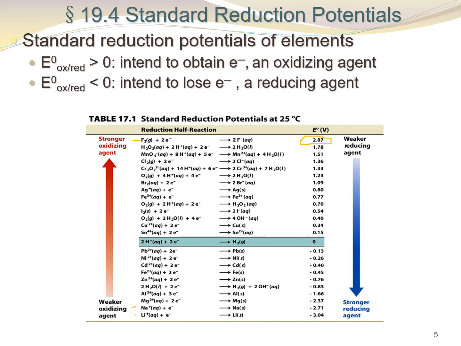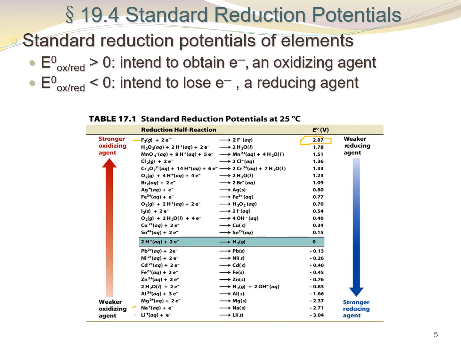Remember, a reducing agent undergoes oxidation, and oxidation is the reverse of reduction. So if you have a negative sign in front of the reduction potential, that indicates the oxidation reaction is favored.